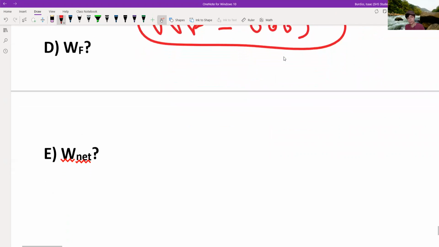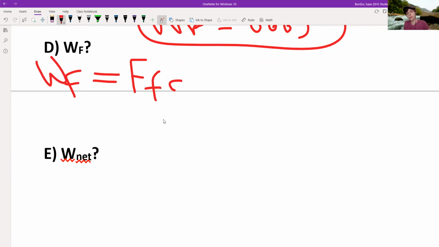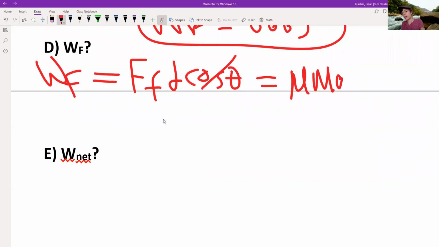Now, what about the work done by friction? That is friction force times distance times cosine of angle. The angle is 0, so cosine of 0 is 1. So really it's just FFD. Friction force is mu mg cosine theta, but don't need to put that because there is no angle for the friction force, at least. So it's this.